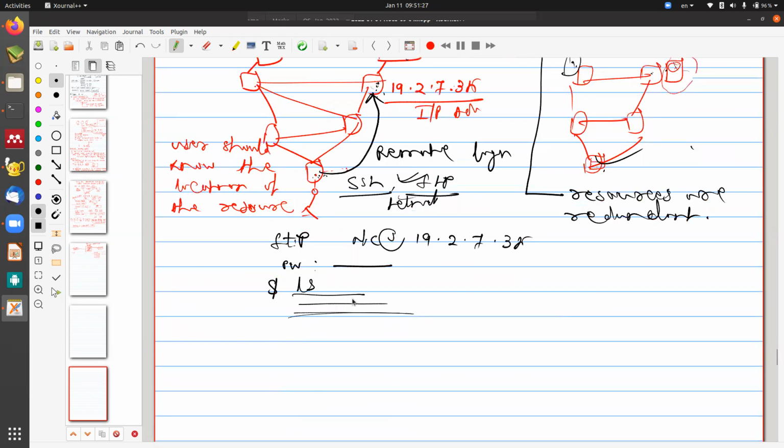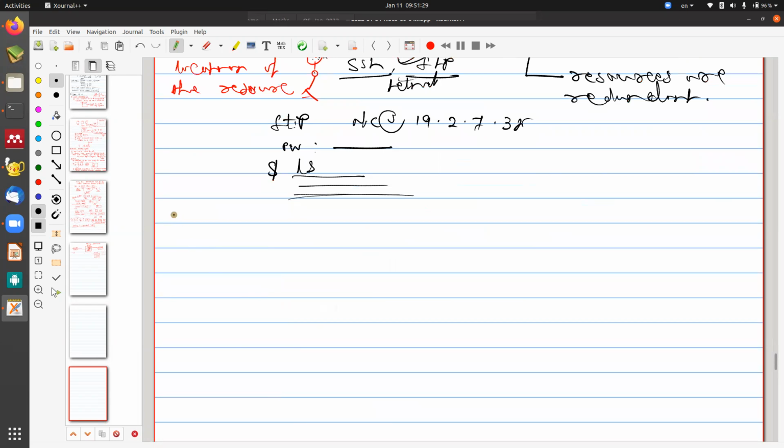Then the next operating system is called a multi-processor operating system, multi-processing OS. So what is the difference between multi-programming and multi-processing?